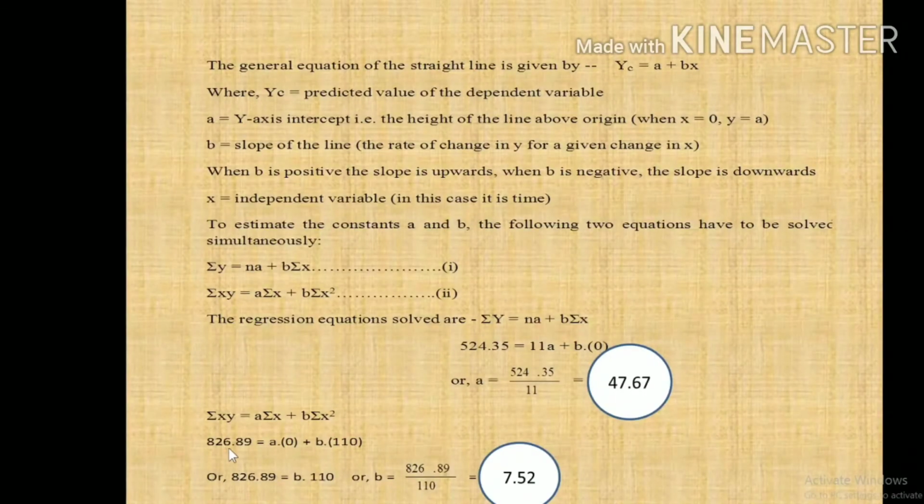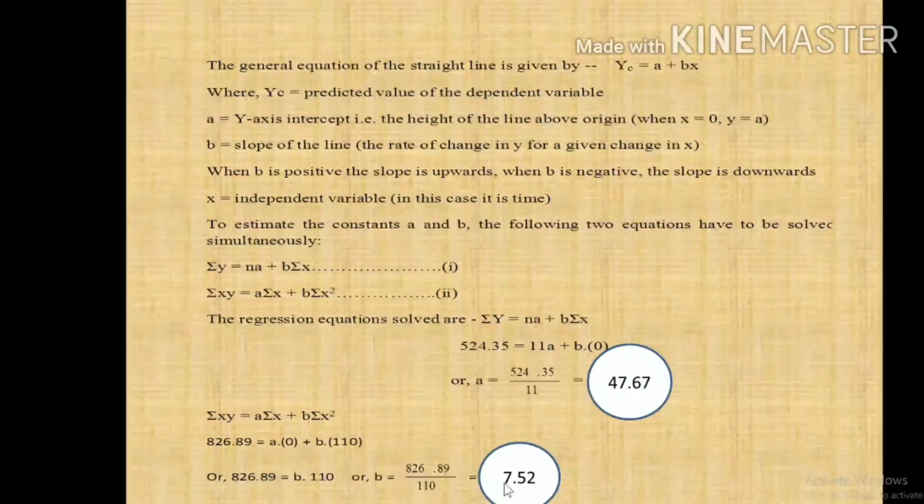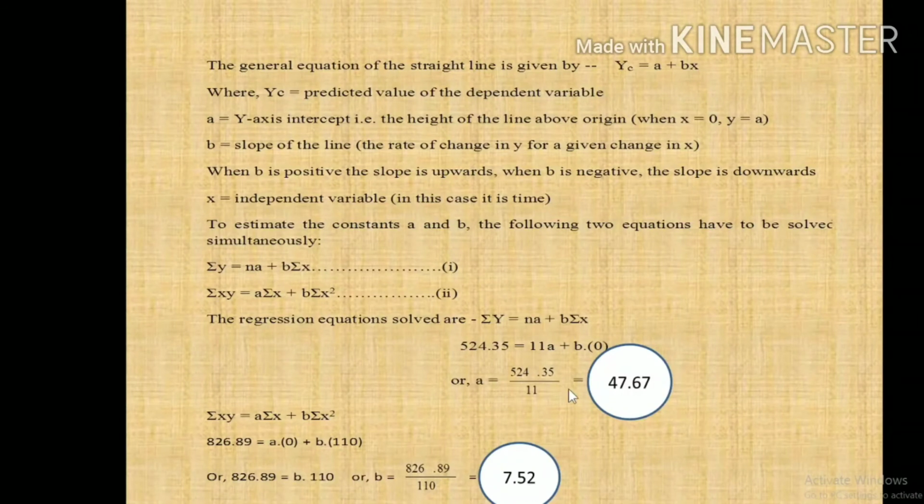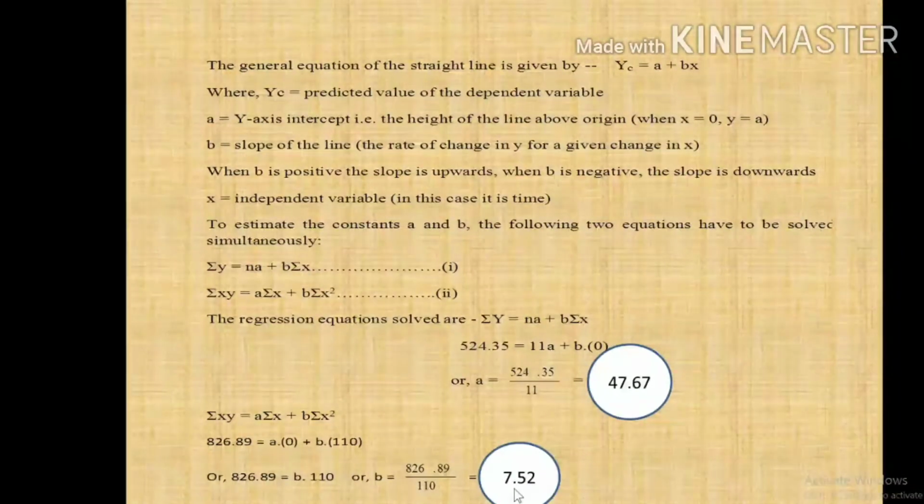So 826.89 equals a into 0 plus b into 110, or 826.89 equals b into 110, or b equals 826.89 divided by 110. It gives the result 7.52. So the value of a equals 47.67 and the value of b equals 7.52.